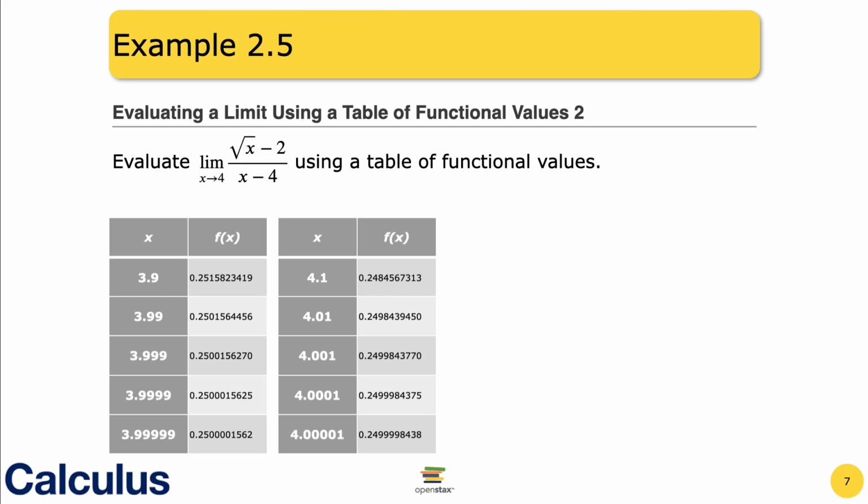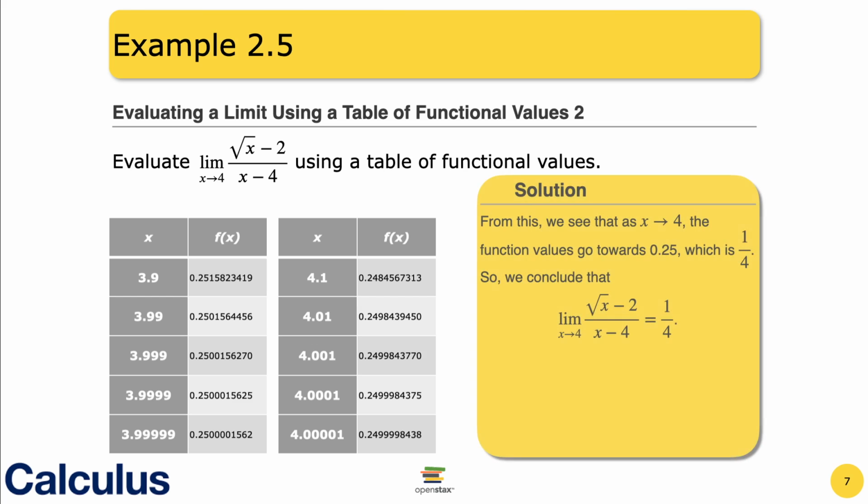And as the x values approach 4 from the right, such as 4.00001, again the functional values approach 0.249 or 0.25. So we would say this is really close to 1/4. So we can conclude that the limit as x approaches 4 of the square root of x minus 2 all over x minus 4 equals 1/4.